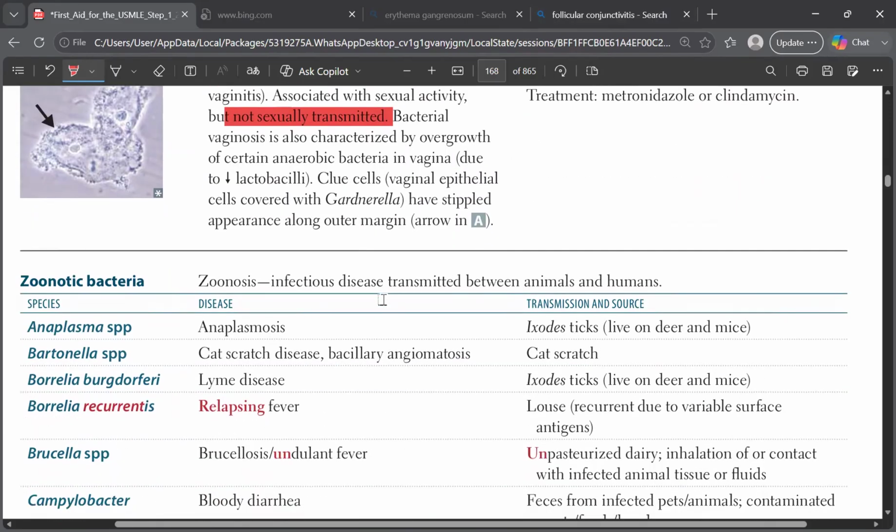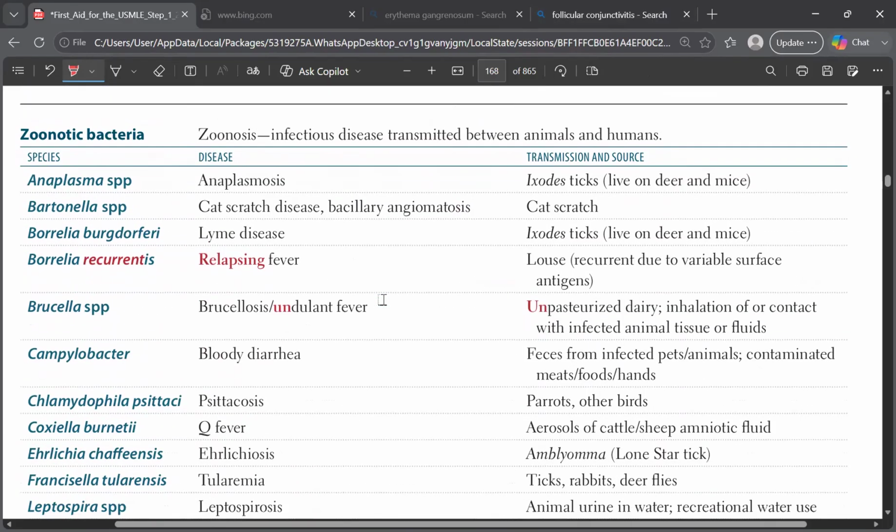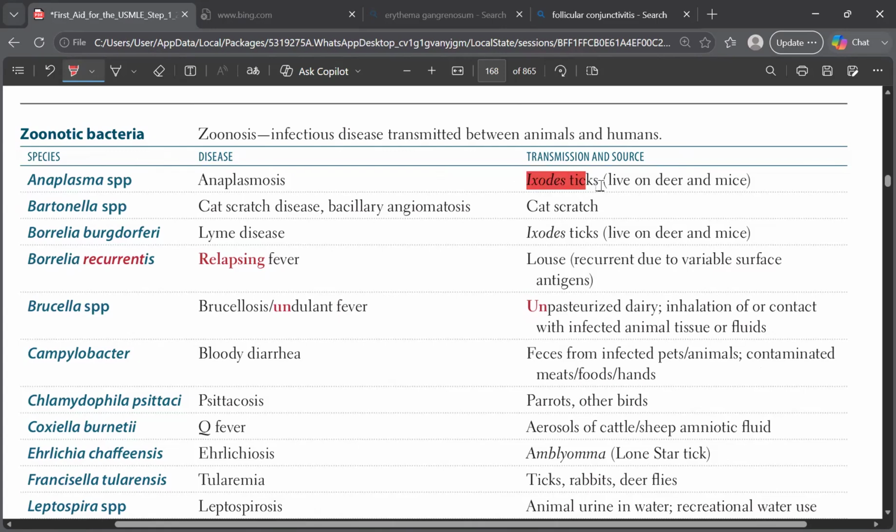Then we have zoonotic bacteria. Zoonosis is an infectious disease transmitted between animals and humans. These are Anaplasma causing anaplasmosis by Ixodes, Bartonella that causes cat scratch disease or bacillary angiomatosis, and it is spread by cat scratch.